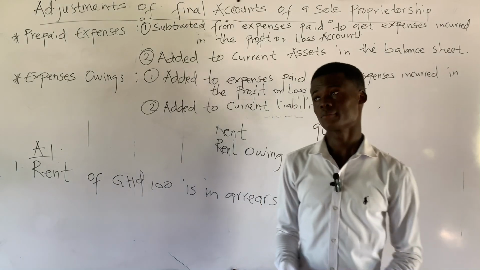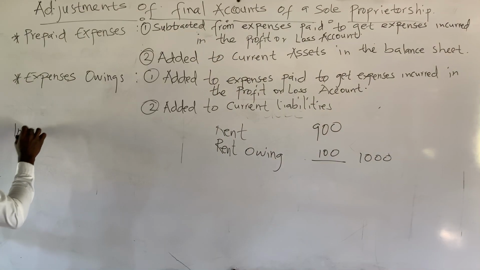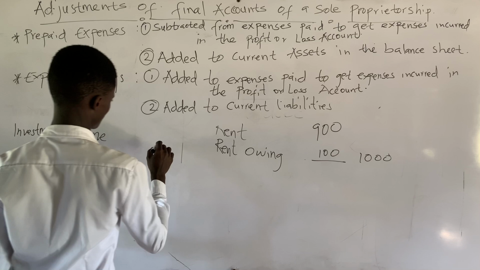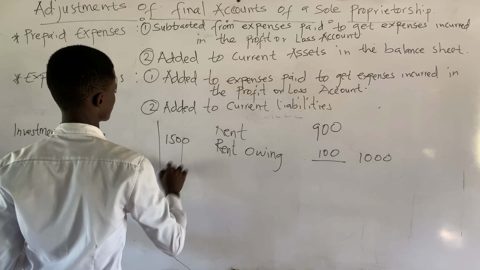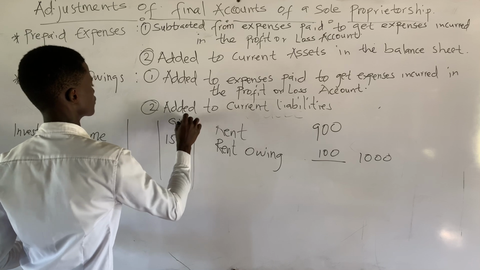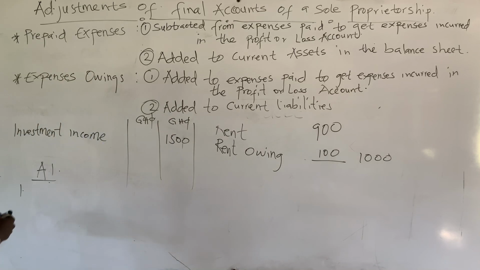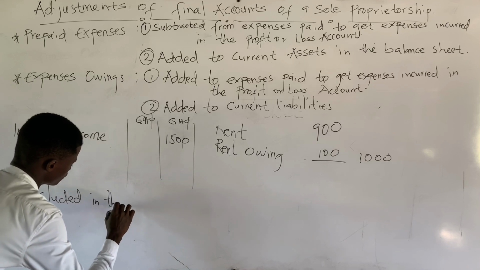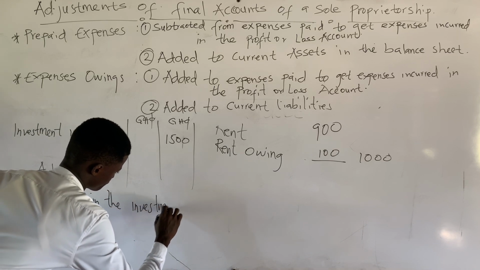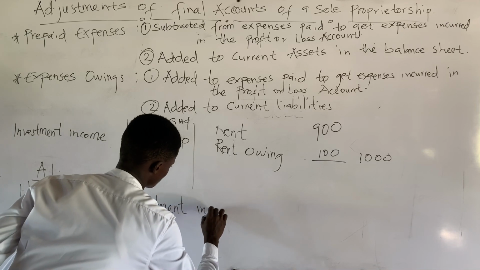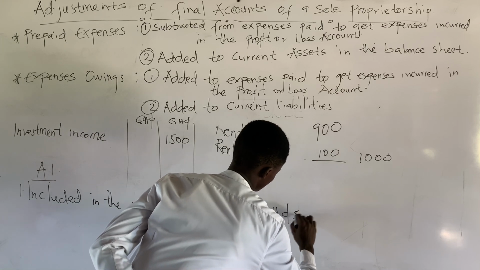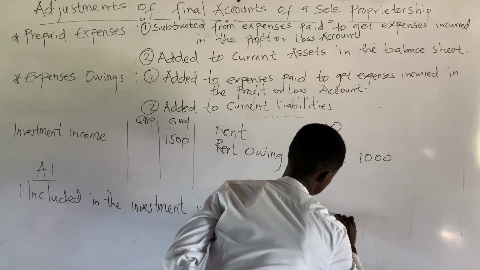So let's take this to be our trial balance. And in the additional information, the first one says that included in the investment income is 500 cedis paid in advance.